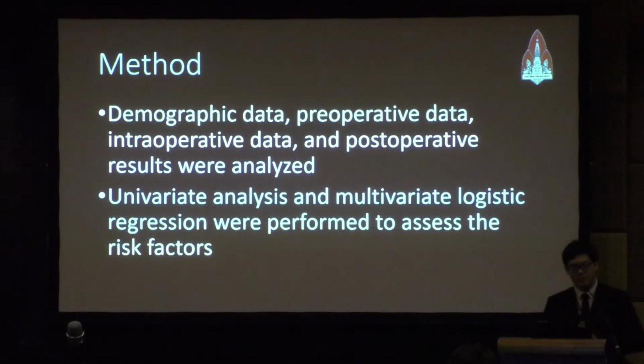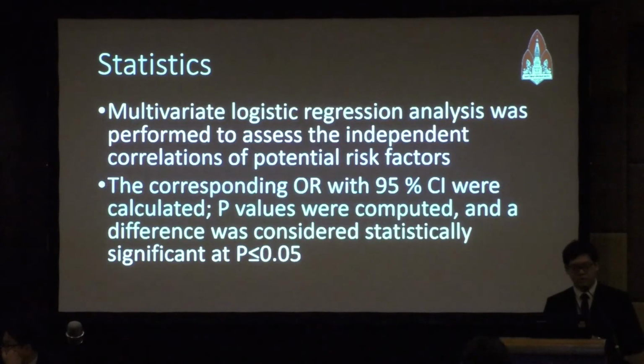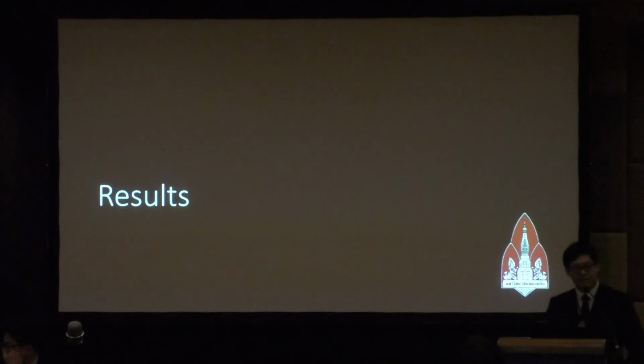We performed univariate and multivariate logistic regression to try to identify the risk factors. We used Stata version 10 for the statistical analysis, and we defined a p-value less than 0.05 as statistically significant.